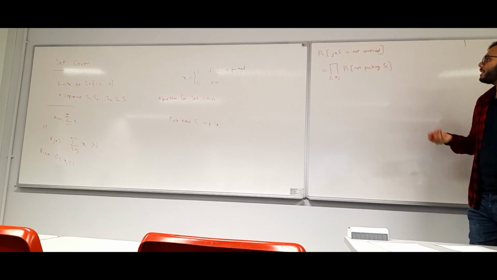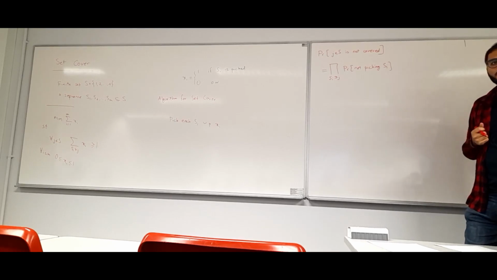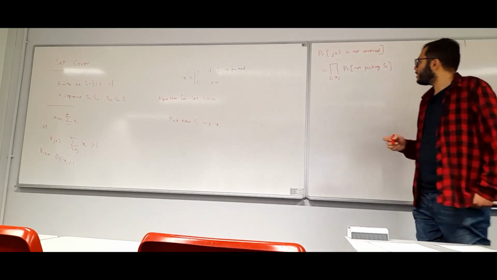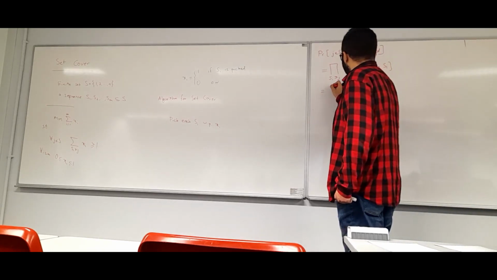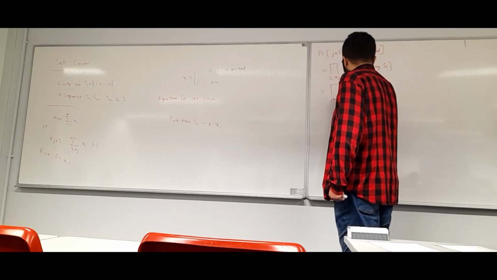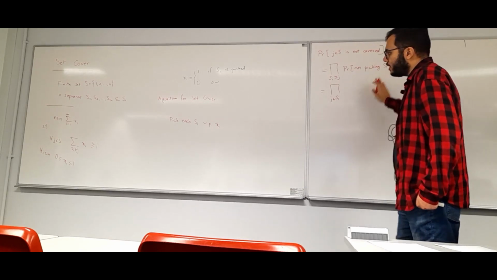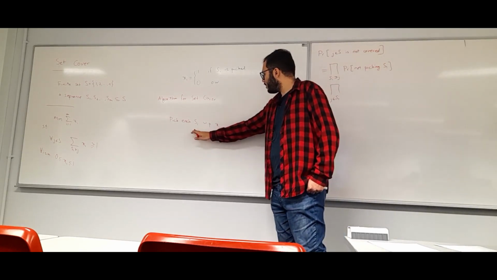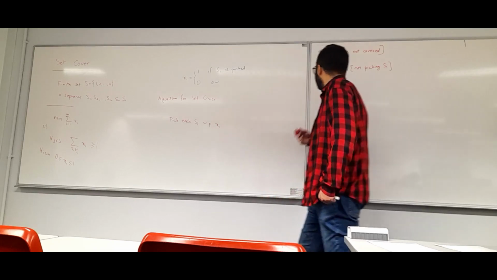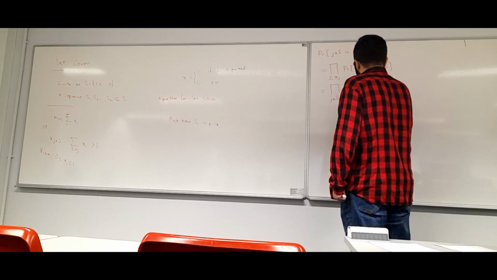Right? Because the only way that j is not covered is if I don't pick any of the Si's. Okay? But this is just, okay, let me write the same thing. j in Si. What is the probability of not picking Si? So I picked each Si with probability xi. So the probability of not picking it is 1 minus xi.